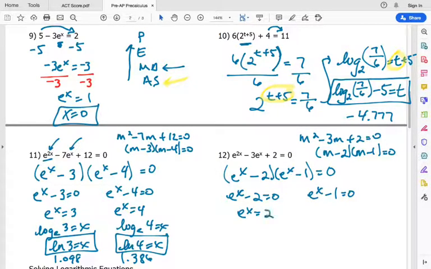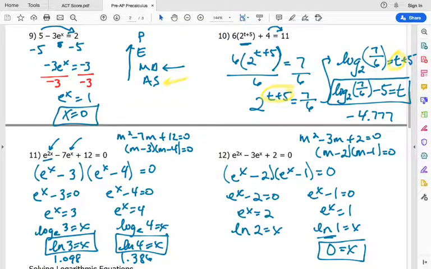And then solving, I move the 2 over, then convert it to a log function. So the natural log of 2 equals x. Here we would do e to the x equals 1, so the natural log of 1 equals x. Well, remember, if you've got natural log of 1, that's one of our identities, so natural log of 1 is just 0, so we're going to put x equals 0 there. And then this is an exact answer. If I ask you for a decimal, it would have been 0.693.